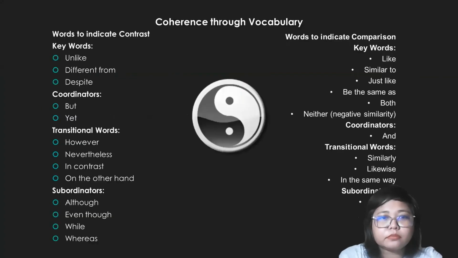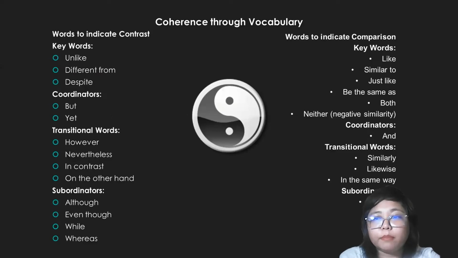Okay, let's see the vocabulary or the transition keywords related to comparison and contrast. In contrast, you will have keywords like unlike, different from, despite, or the coordinators like but, yet, however, nevertheless, in contrast, on the other hand, although, even though, while.